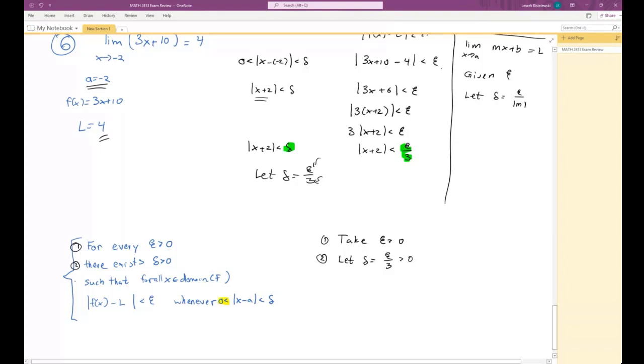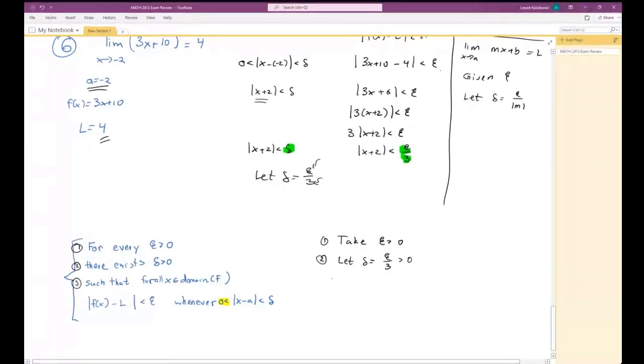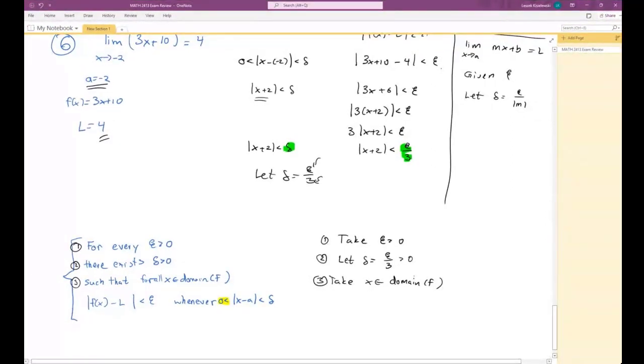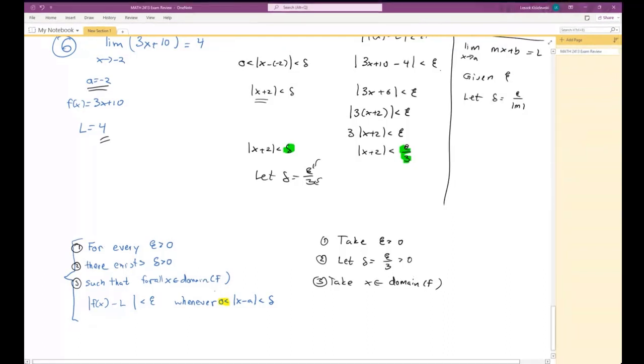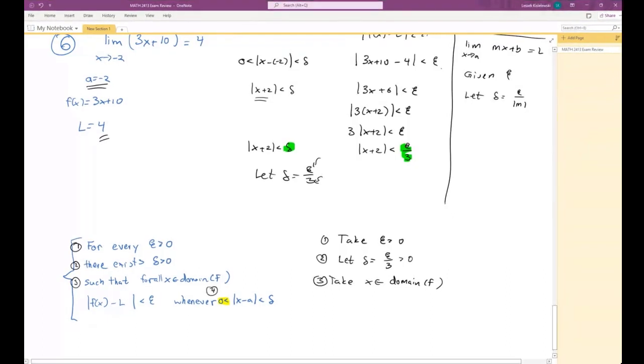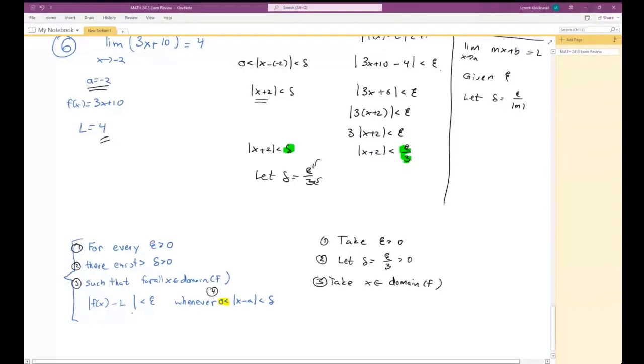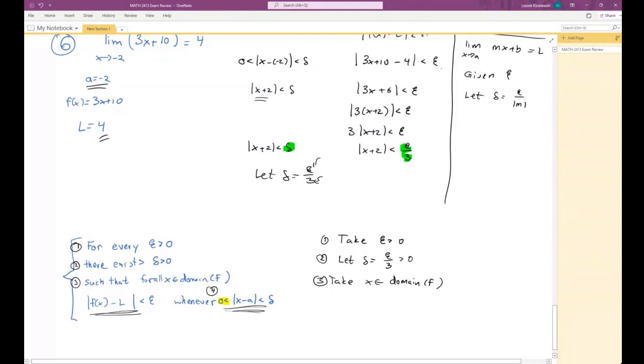Then we take a value of x in the domain of the function. This is a detail; I don't know how much we have to worry about that. The fourth thing is the nature of an implication. We're saying that this must be true if this were true. We're not saying it is or isn't, but if it were true, then this must follow. So we assume hypothetically that this is true.